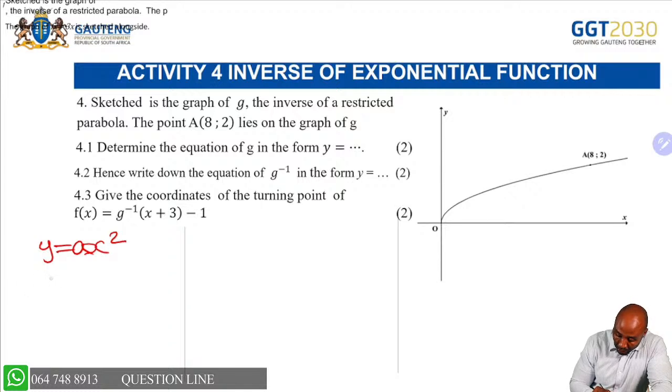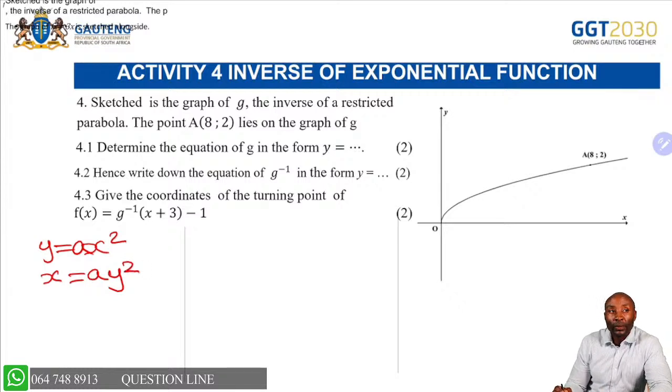So to do this one, we are going to say we interchange x and y. Our x is equal to a y squared, because this is the inverse. Now, in other words, we have to get the value of a first before we can move on.